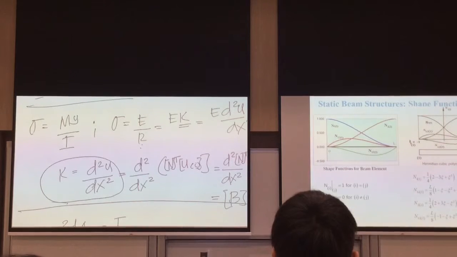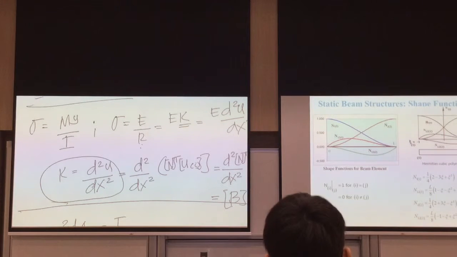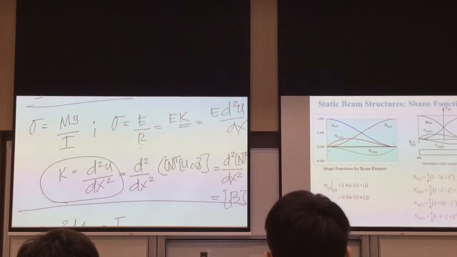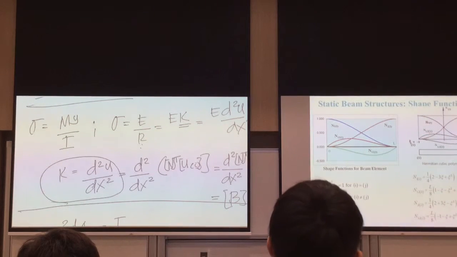So why do we do that in the first place? Well, numerical methods is basically using computers. If you're just using manual calculation, you can use the x space. But if you want to have a good program or code, then you have to use this -1 to +1, this ξ space.